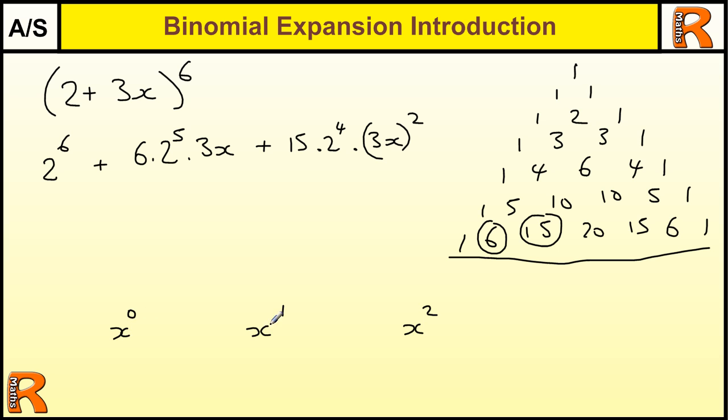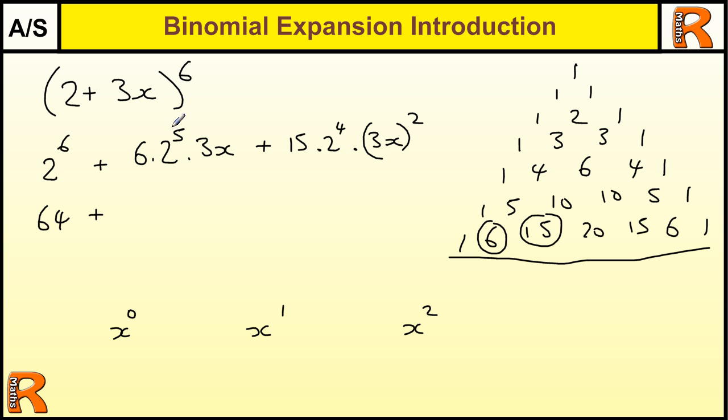So if I just want the first 3 terms up to x squared, these are the ones I'm looking at. So 2 to the power of 6, 2 cubed is 8, 4 is 16, 5 is going to be 32, 6 is going to be 64, so that's 64.